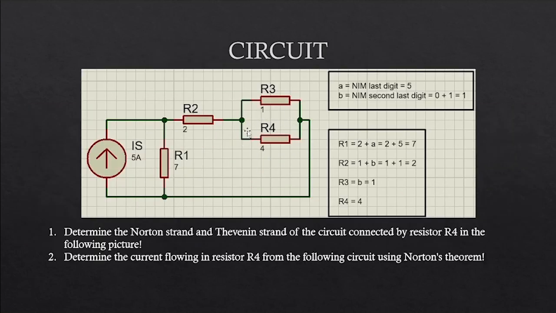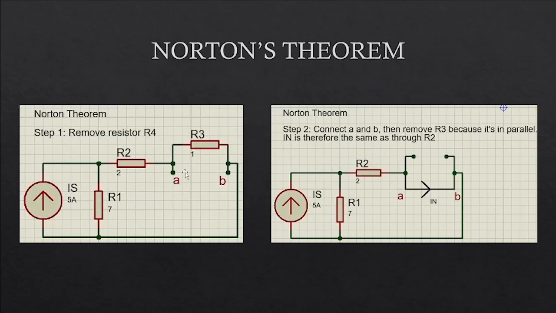We remove R4 here, and we mark these two open terminals as A and B. Step 2, connect A and B. We connect A and B here, then remove R3 because it's in parallel with A and B. And then IN is therefore the same as the current through R2. IN here is the same as I through R2.